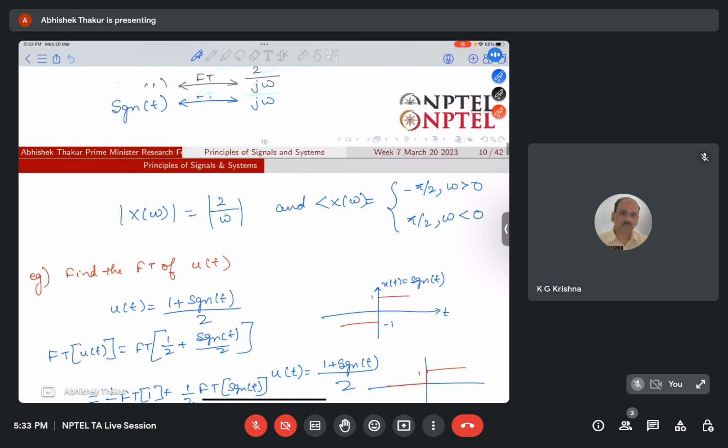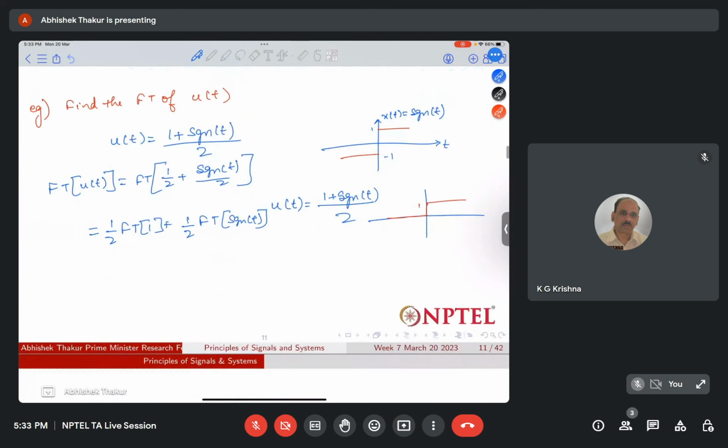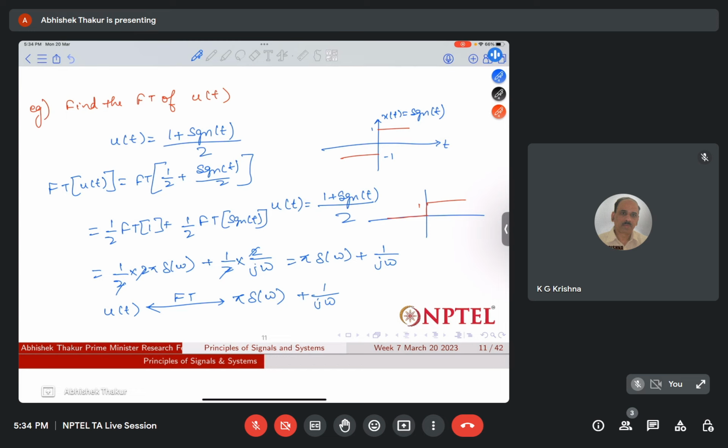The Fourier transform of signum of t is 2 by j omega, and the Fourier transform of 1 is 2 pi delta omega. So this will be 1 by 2 into 2 pi delta omega plus half into 2 by j omega. So we will get pi delta omega plus 1 by j omega. So the Fourier transform of u(t) will be pi delta omega plus 1 by j omega.